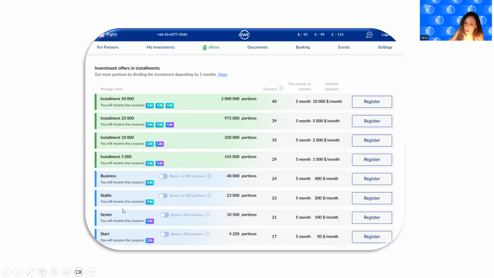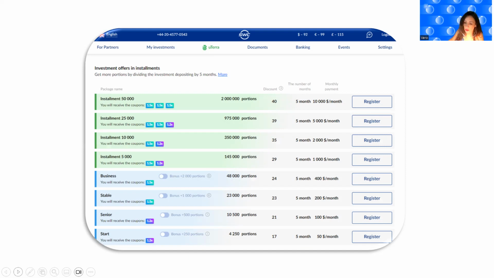And with the option Stable, in 5 installments of $200, you can acquire 23,000 portions.